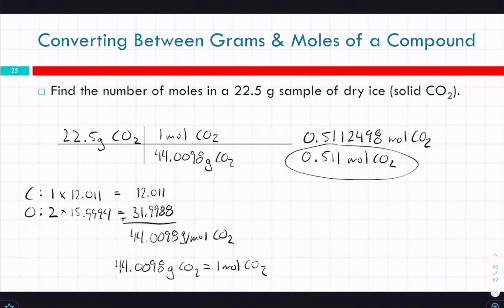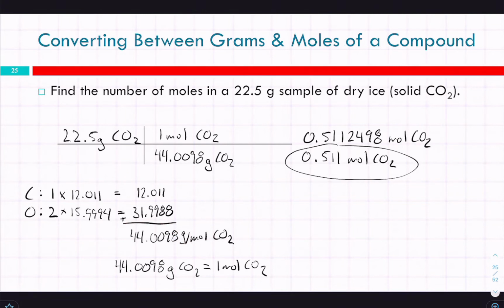Cool. Unit conversions. Just to briefly recap where we're getting all these conversion factors from: if we have individual elements, they all come from the periodic table. If we have compounds, so more than one element, then we still get the individual elements' molar mass from the periodic table, and then add them up so that we get the mass of the whole compound.